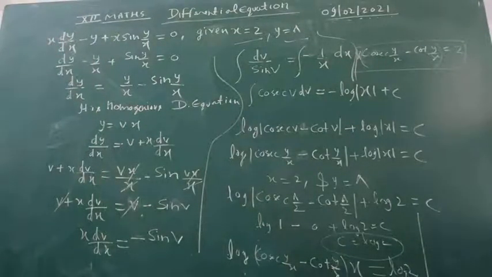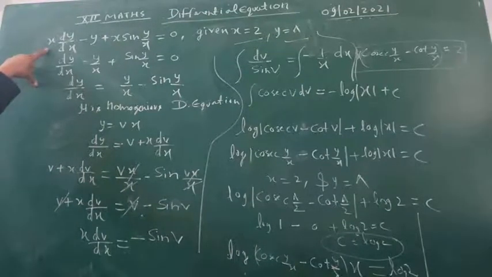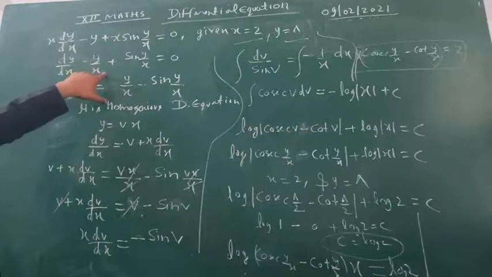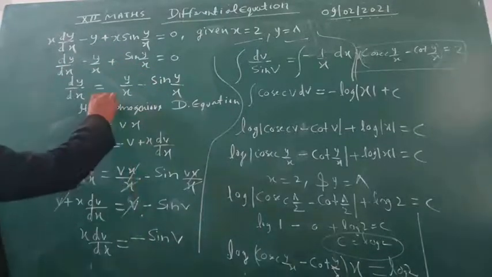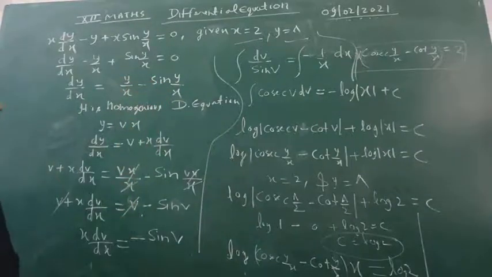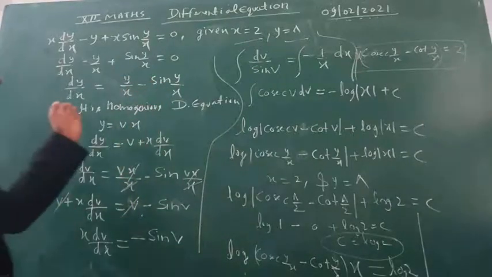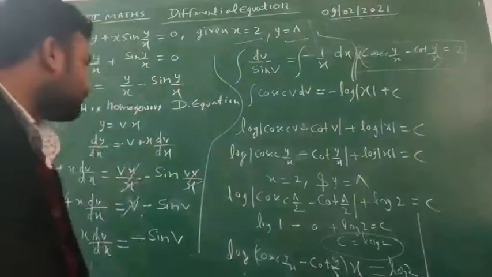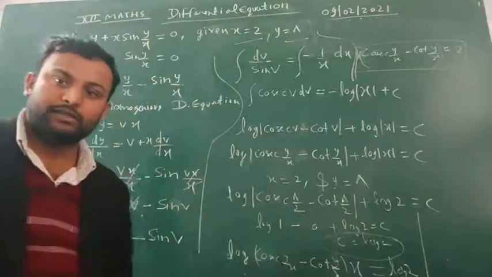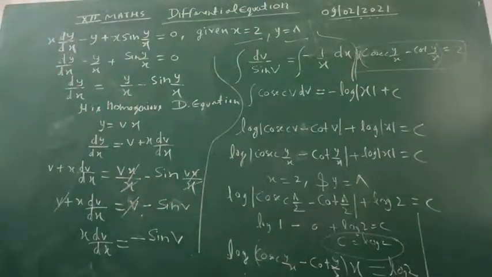Okay students, so first of all we divide the whole equation by x, we get this is equal to 0, and now dy by dx we can write as y by x minus sin y by x. So students, we are seeing the power of y in numerator and denominator is the same, so it will be our homogeneous differential equation, students.